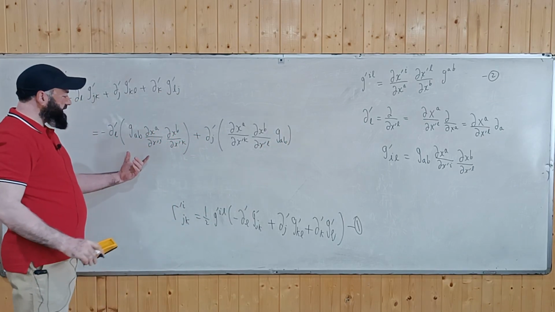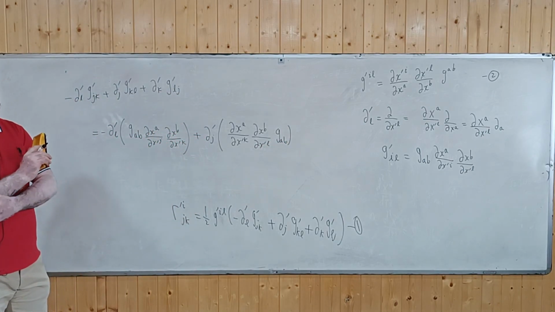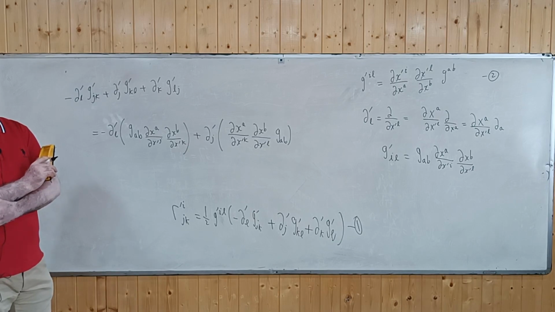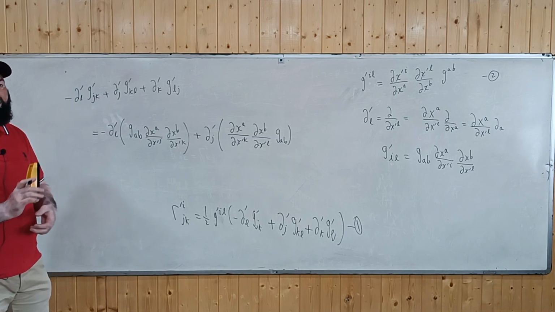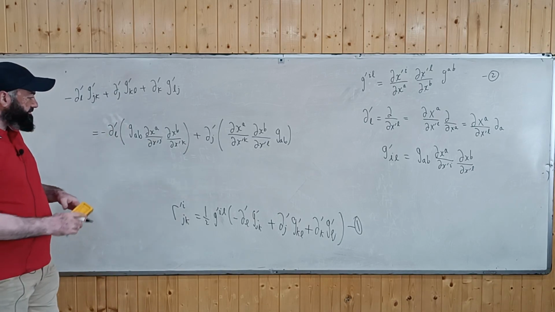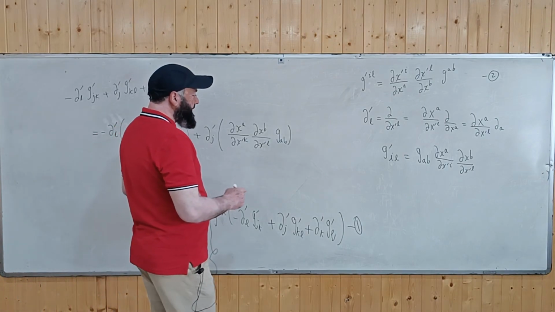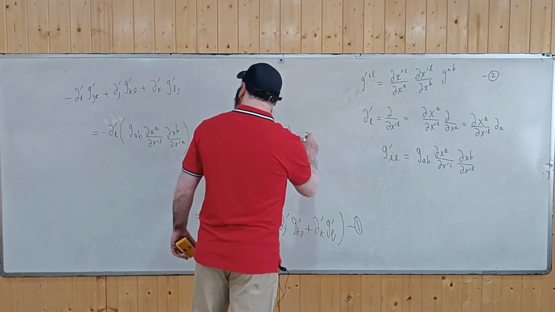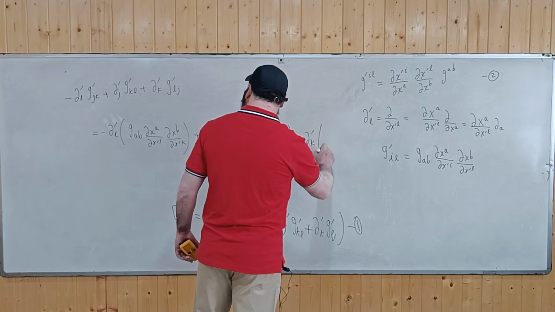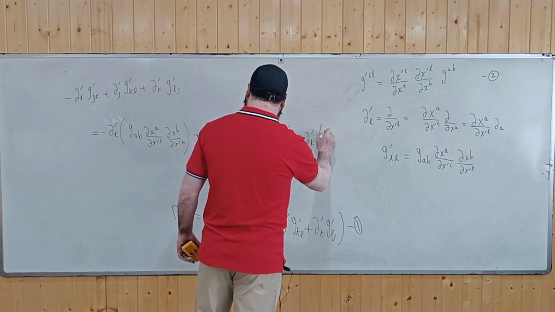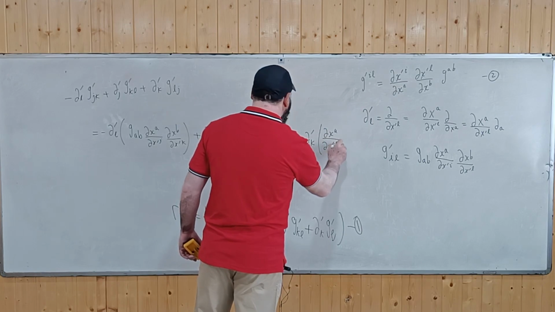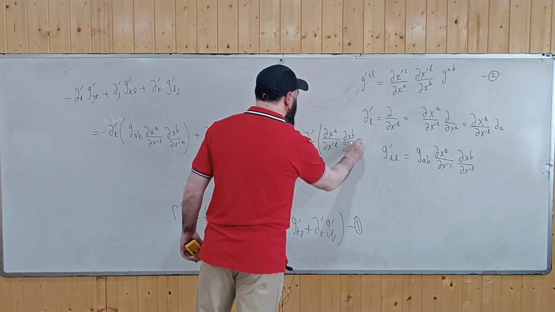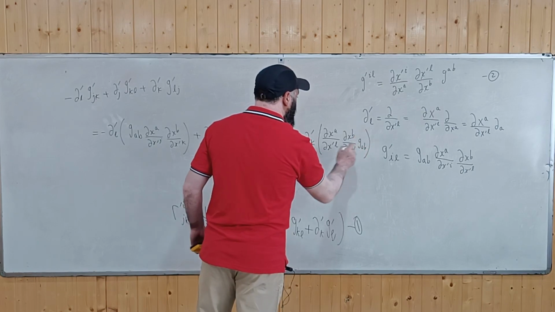I have put the same dummy indices because these are additive terms, and in additive terms you can put the same type of dummy indices. This will be helpful. Then plus ∂′K, with ∂x^A by ∂x′L and ∂x^B by ∂x′J.